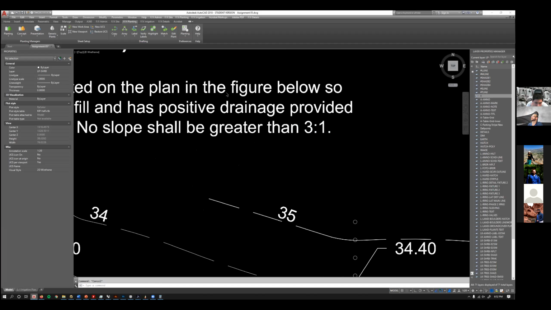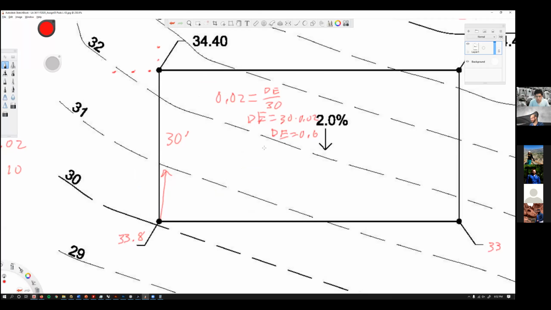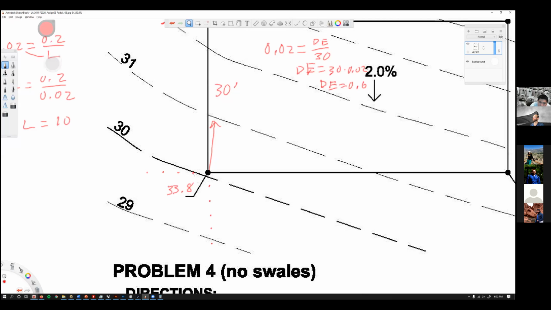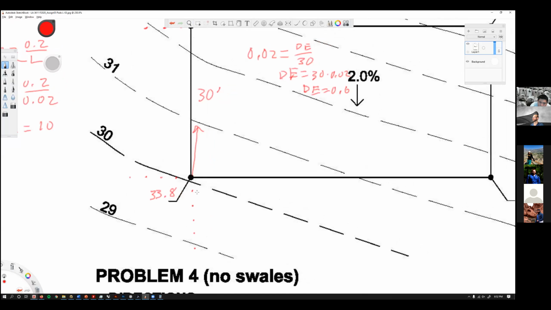So we have our dots over here. Just kind of eyeball these in. 2.4 feet, and then every 3 feet. I'm going to have to do 4 of them. And if you think about it, we're starting at 33 here, so this dot is for contour line 33, 32, 31, 30.